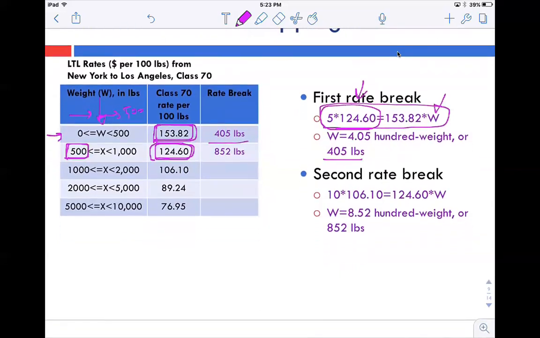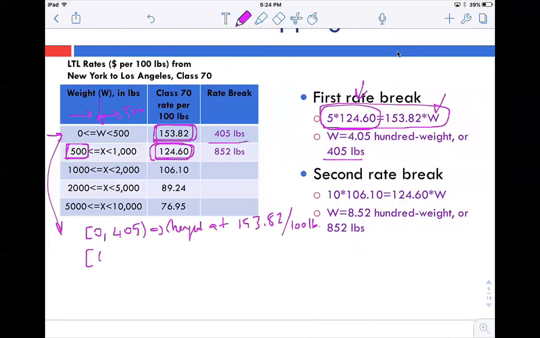What is the logic here then? All right, so we have to update this table accordingly. We also have to remind ourselves that anything between 0 and 405 should be charged at 153.82 per 100 pounds, all right?